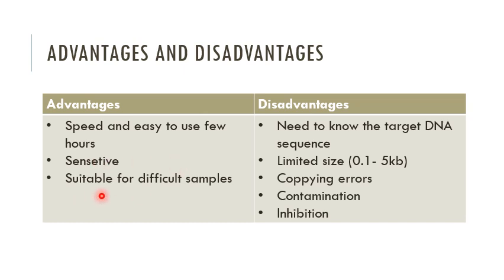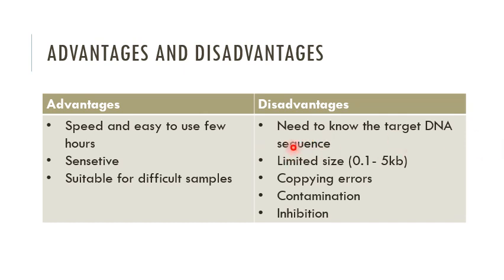And for some difficult samples, PCR is a very good option, because, as we said, it depends on the site you are looking for. So once you extract your DNA and the extract is good, then you will conduct the PCR to amplify that region. On the other hand, the disadvantage is that you need to know the target DNA sequence.